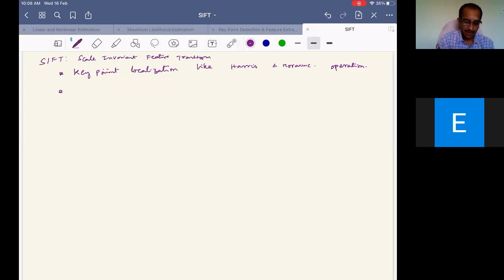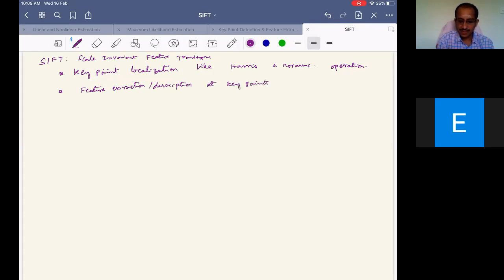And this also has the provision to provide the key point description or the feature description at key points.